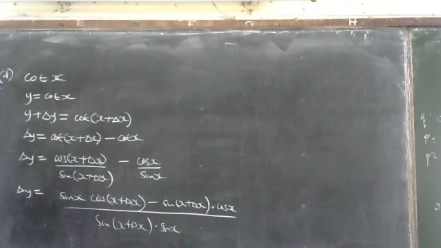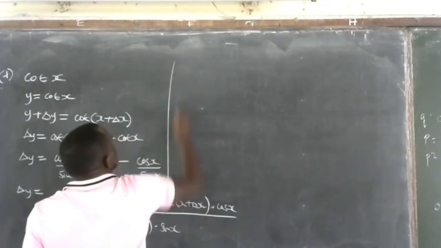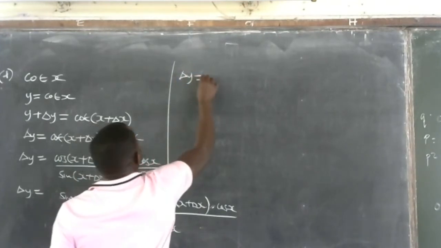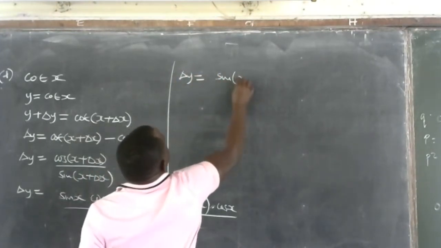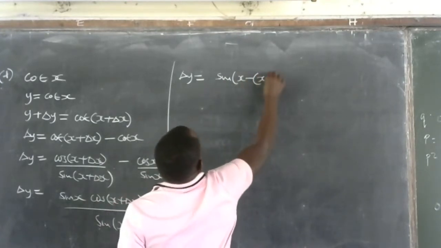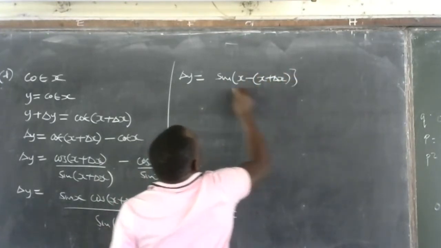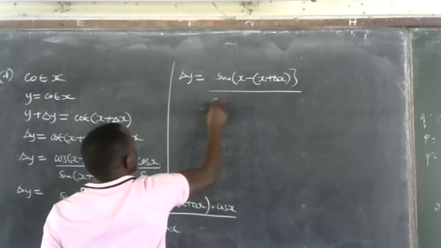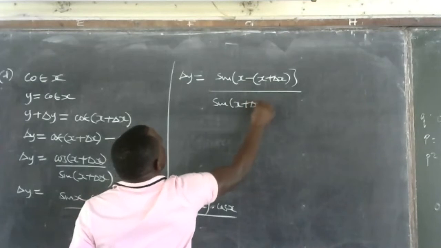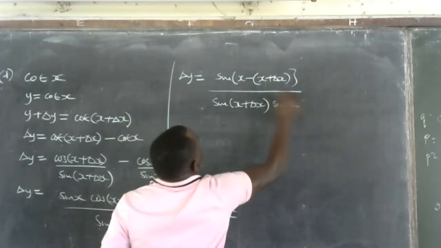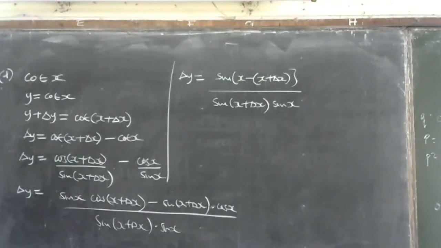Therefore, now your numerator becomes sine of x minus, open a bracket, x plus change in x, divided by sine of x plus change in x. Do you have that? You see that? Teacher, we have seen.